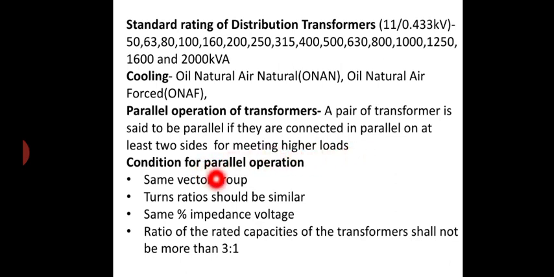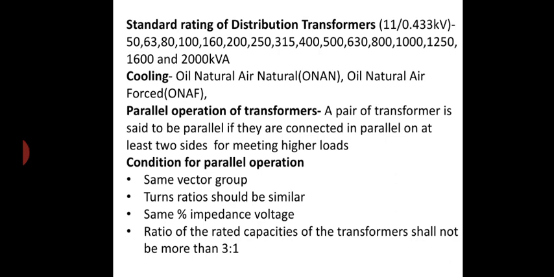Conditions for parallel operation: the same vector group, similar turns ratio, the same percentage impedance, and the ratio of rated capacity of the transformers shall not be more than 3:1. If you are connecting two transformers, the rated capacity of one transformer should not be 3 times greater than the other transformer.